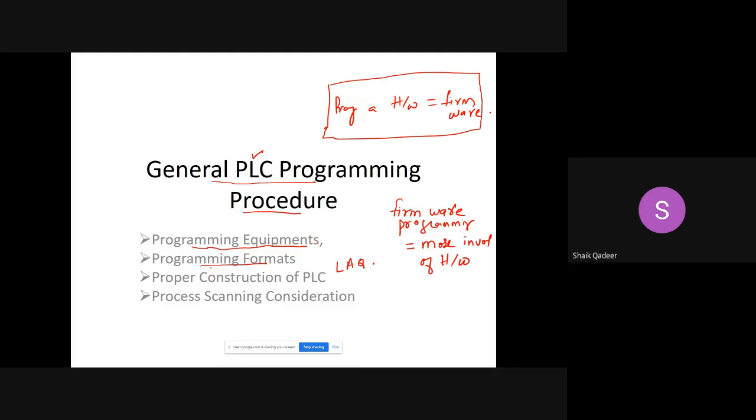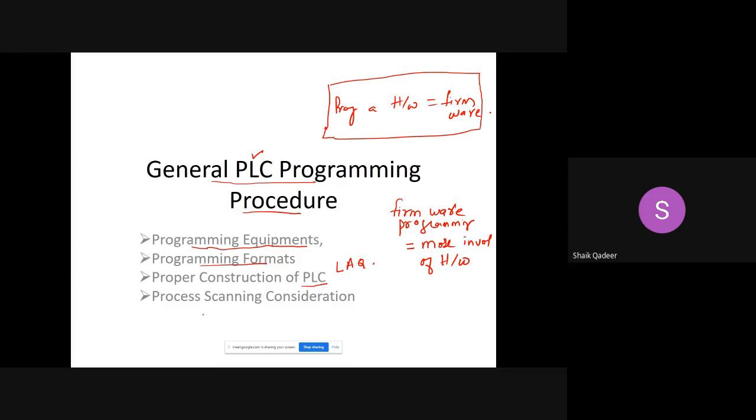In that, we will see the allowed procedure of PLC program construction, and the rules which restrict us while drawing lines for programming a PLC, which is called ladder diagram programming.